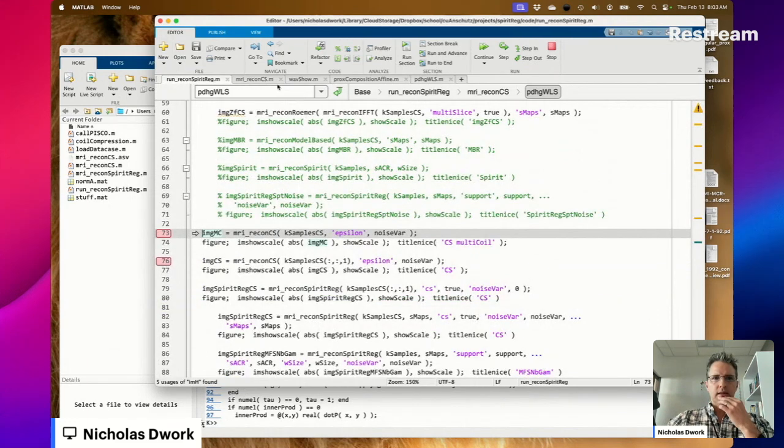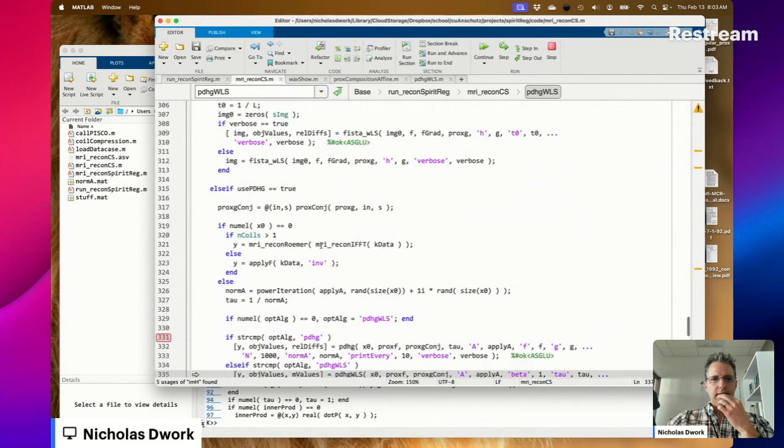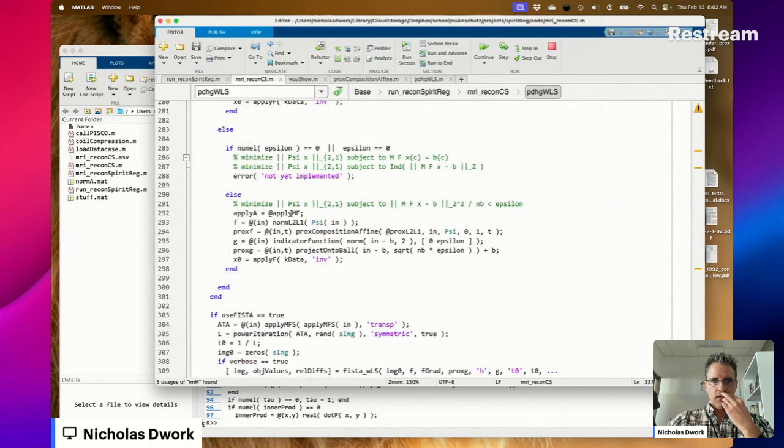How did I set up this problem? A is apply MF, good. F is the L2L1 of psi of n. Prox F is prox of L2L1 on n with the composition with affine where psi is the linear transformation, B is 0, alpha is 1, and T is D. Okay.